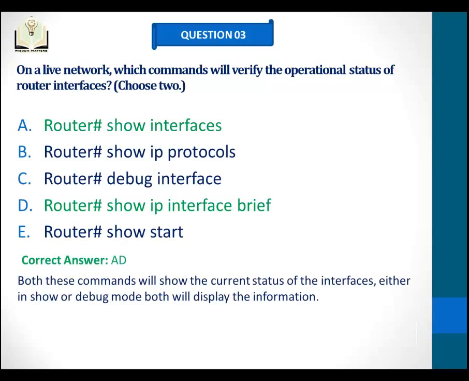And the answer is A and D, that is show interfaces and show IP interface brief, because both these commands will show the current status of the interfaces. Either in show or debug mode, both will display the information.